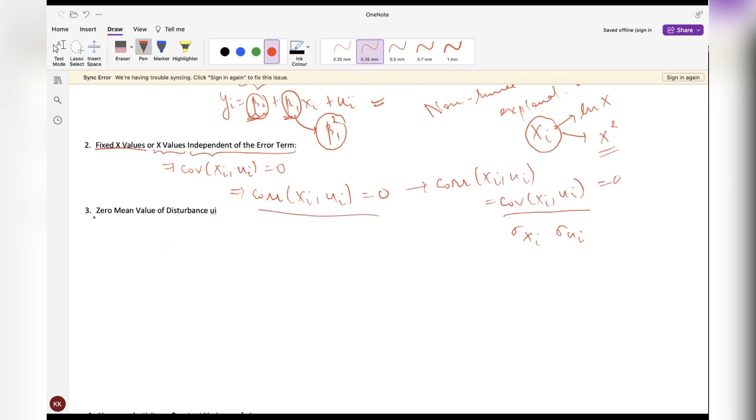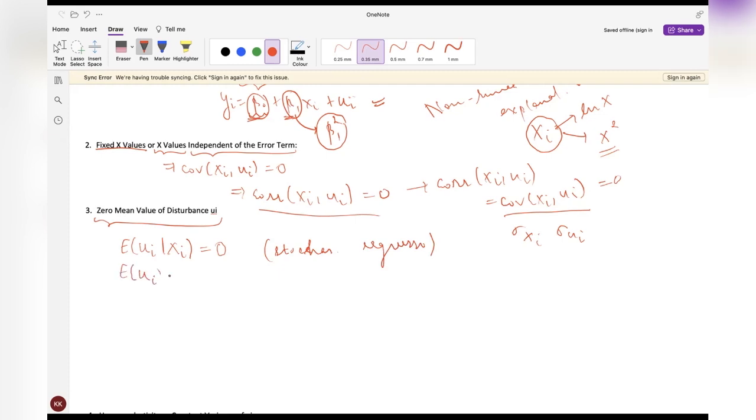The third assumption is zero mean value of the disturbance term. This means that the expected value of ui given xi is equal to 0. This is the case of a stochastic regressor, or we can say the expected value of ui is equal to 0 when we are talking about a non-stochastic regressor, right?